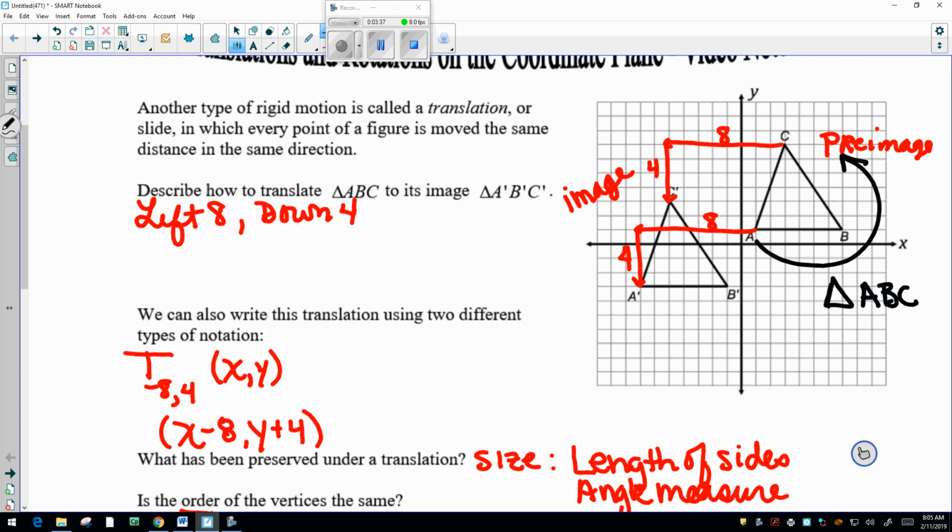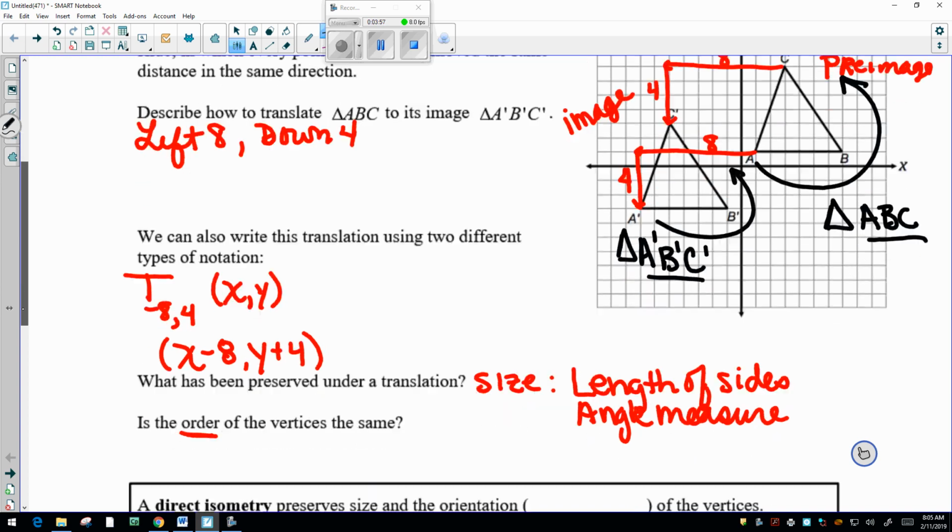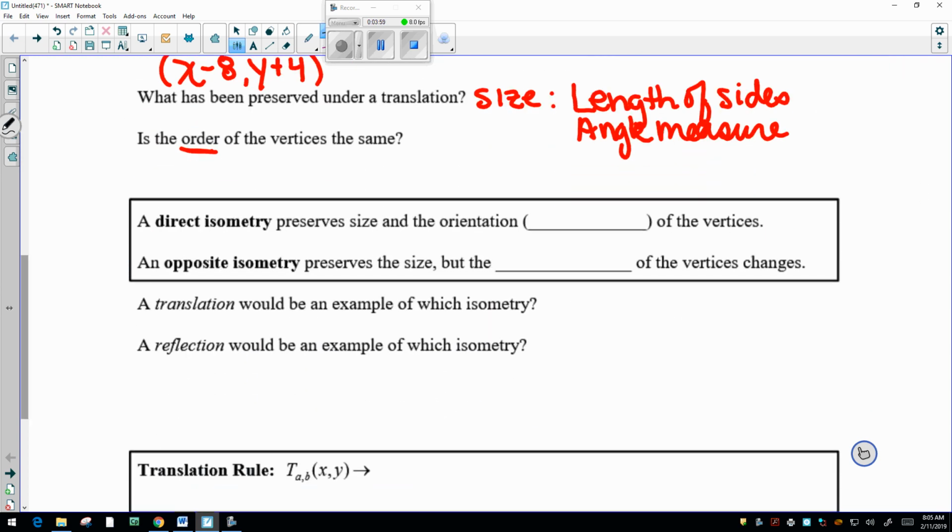So I want to start at that same location on the image. So I would start at A prime, and I would go in that same counterclockwise direction to test it. So I would go from A prime, I would hit then B prime and C prime. So I can see the order is the same, or the orientation is the same. So down here, is the order of the vertices the same? Yes.